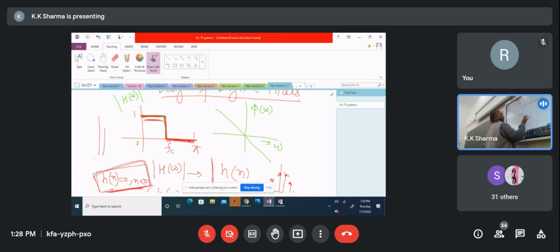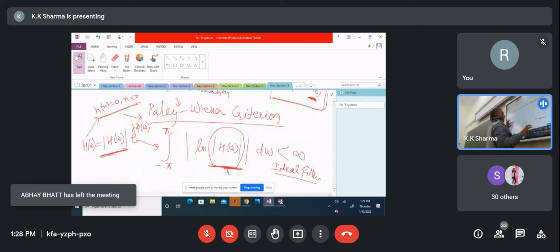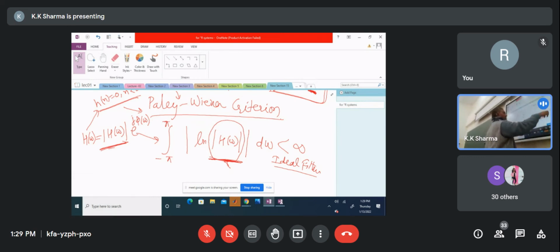But what about the range from fc to pi? Digital frequency range is only from minus pi to pi. In this range, natural log of 0 will be minus infinity, and because of the modulus it is plus infinity.